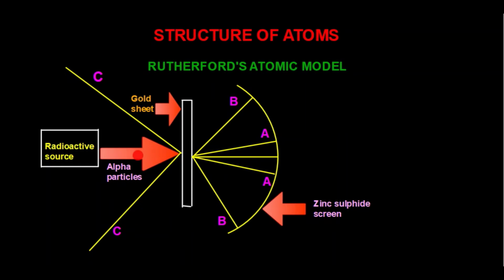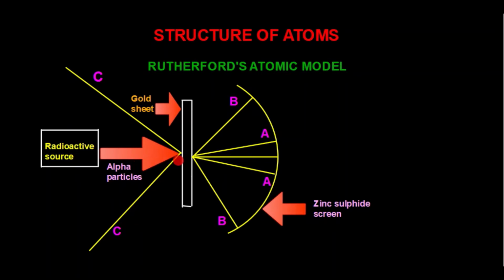He used alpha particles obtained from the disintegration of polonium or radium, radioactive sources. By the disintegration of polonium or radium, alpha particles are generated, and he bombarded gold foil with these alpha particles.